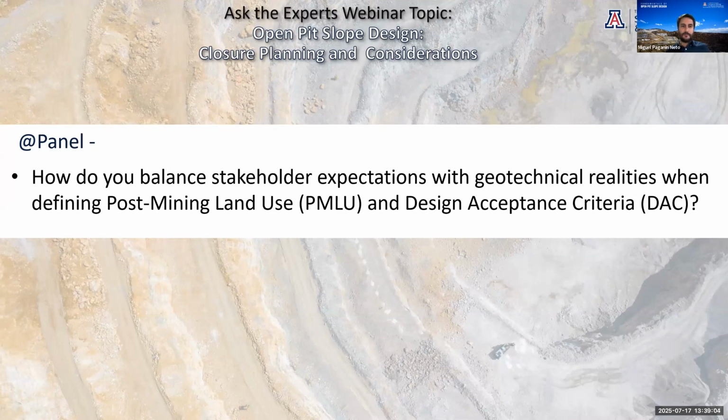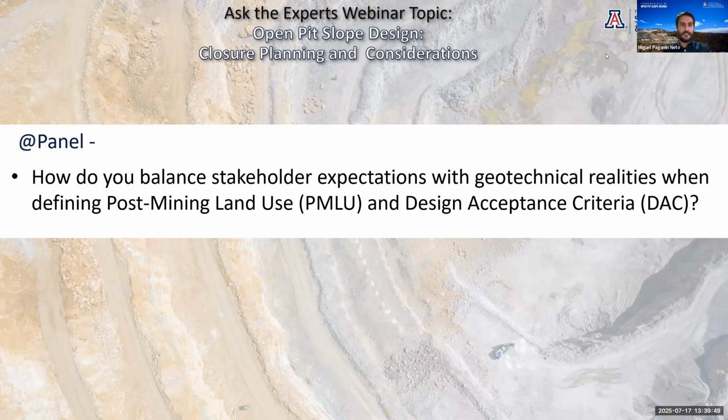So when we are defining post-mining land use, on one hand, we have the C-level of the company, investors, managers defining targets regarding cost, regarding the economic perspective. On the other hand, we have the technical team regarding safety factor, water quality, exit drainage, dams, progressive mine closure, etc.